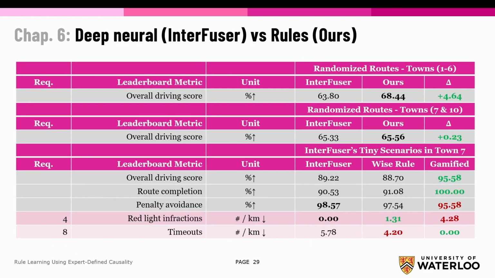So the result showed that I have mostly done 2 tests. One of the tests was to drive in the same town as I've trained and to compare my performance with Interfuser based on a randomly generated route. And my other experiment is I have performed the exact same thing, but on 2 towns that have not been seen, and I've compared both performances.